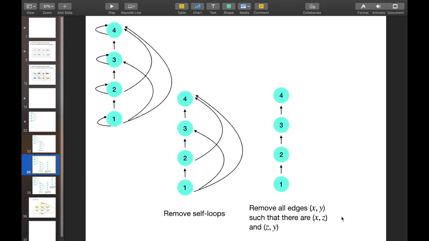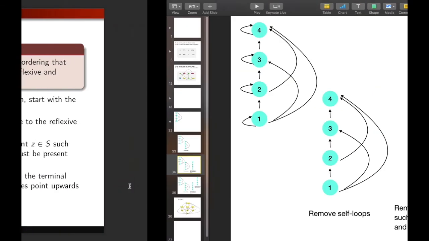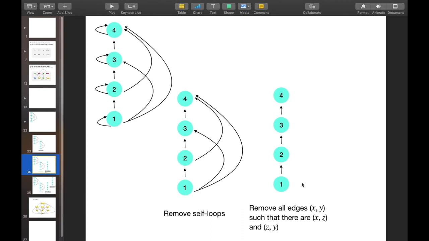Now, what I did earlier is to already arrange them such that the initial vertex is below the terminal vertex, right? For this arrow, and for this arrow. So this part is already fixed or okay for this representation.